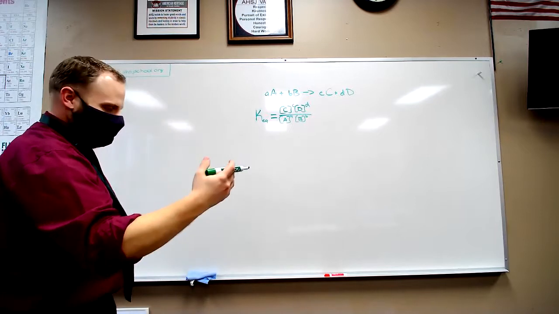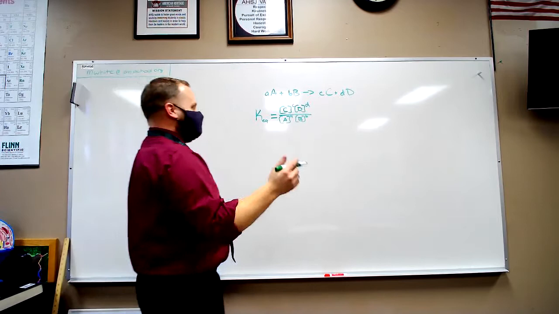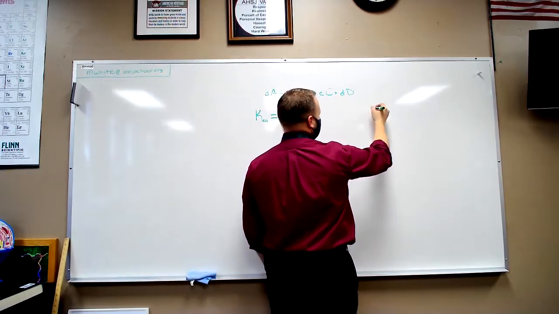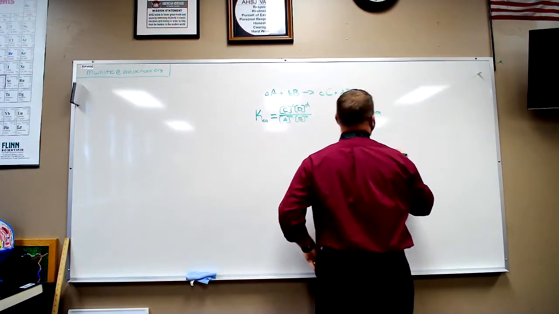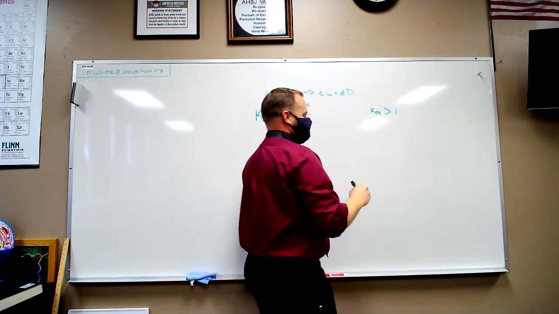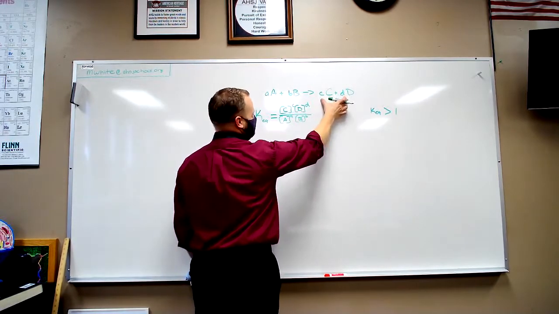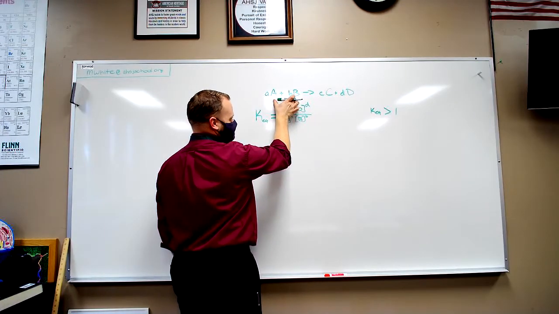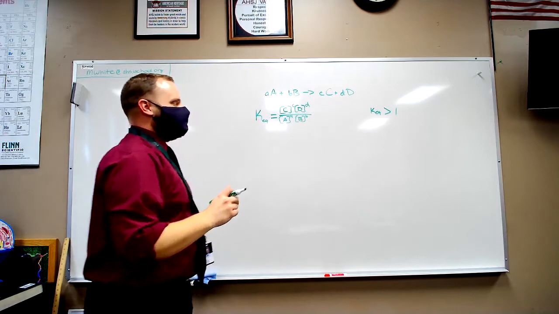So if you have a big number divided by a small number, that means your K, the value you get for K when you do the math, is going to be greater than 1. Okay? Anytime you have more over here than you have here, your K value is going to be greater than 1.